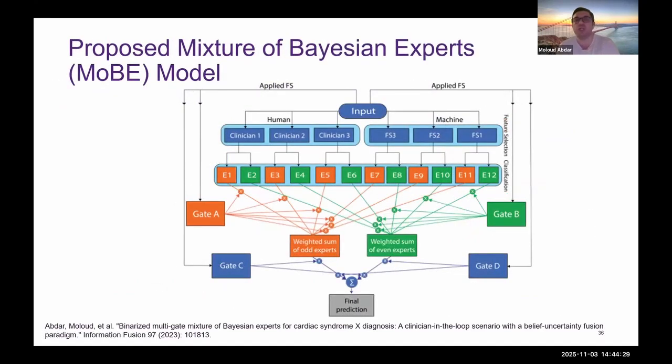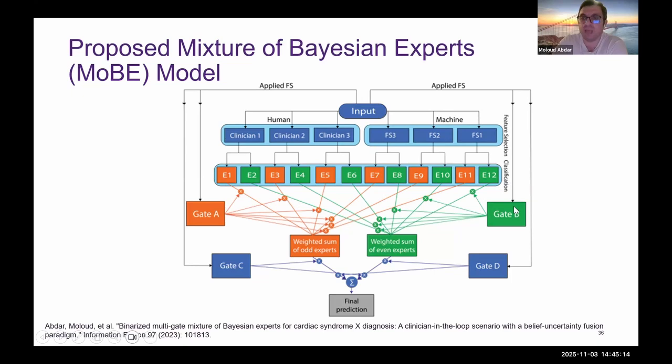However, what we try to do is involve humans and make sure that machines and humans both select the features, because our data set included a lot of features. When we talked to the clinicians, they said they make decisions based on very important features. So we asked three clinicians to select their own features, and we did three machine learning based feature selections, and gave them to experts.